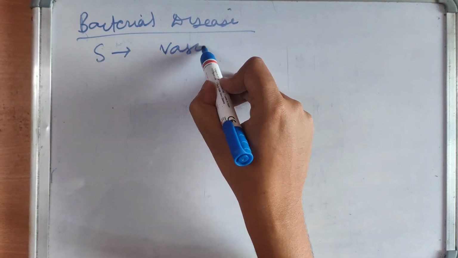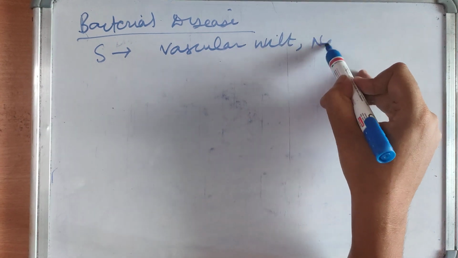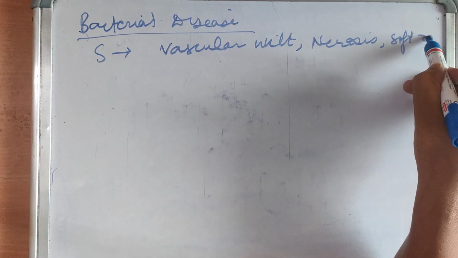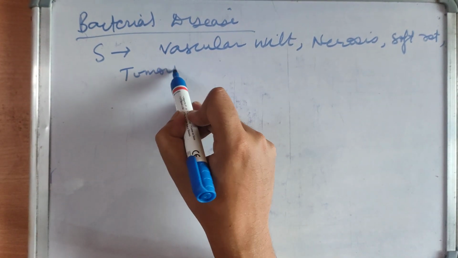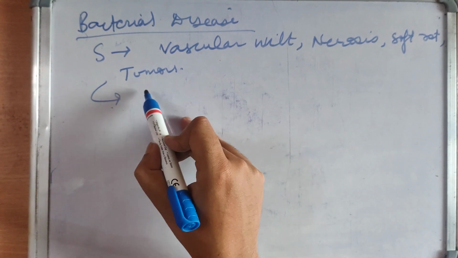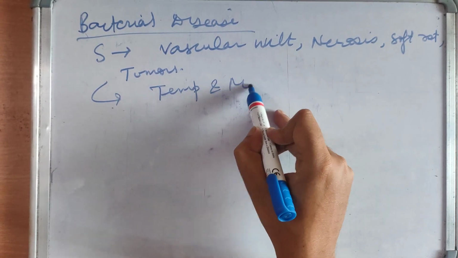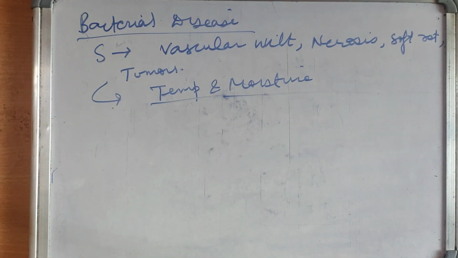Common symptoms are vascular wilt, necrosis, soft rot, tumors, and bacterial diseases are influenced greatly by temperature and moisture. Bacteria grow in favorable temperature and moisture.